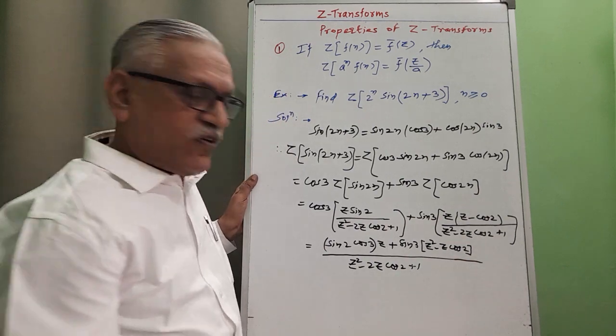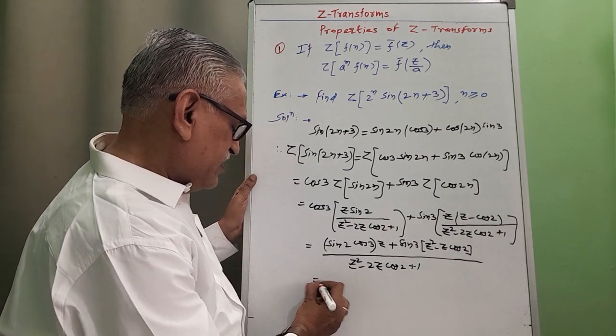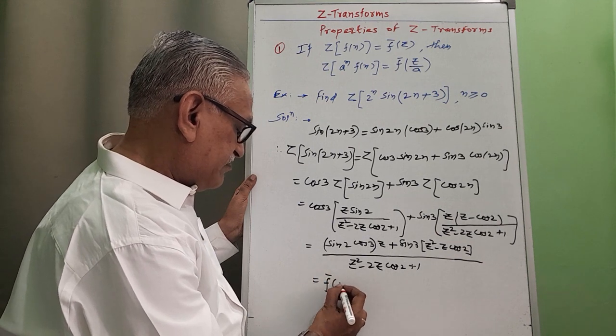And whatever this result is, we call it f bar of z, say.